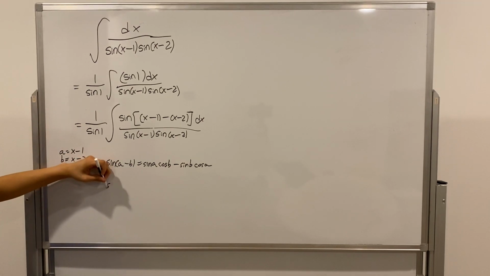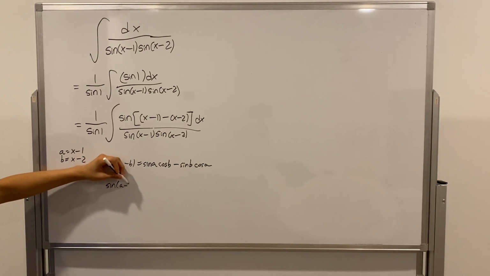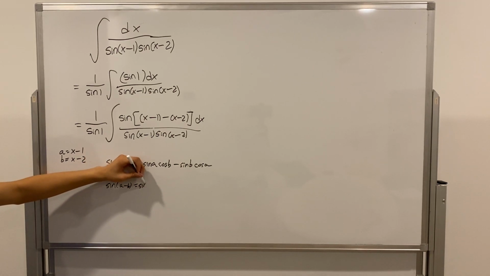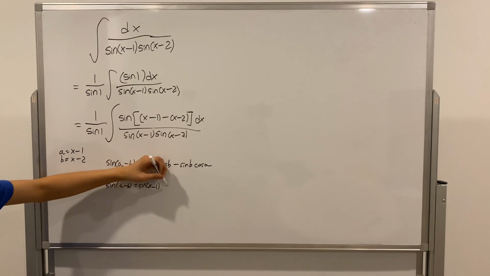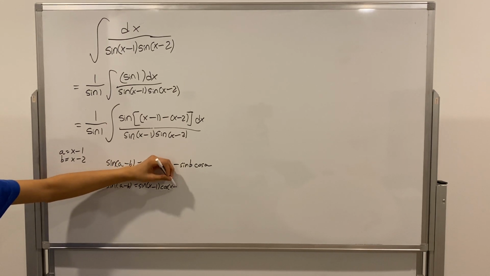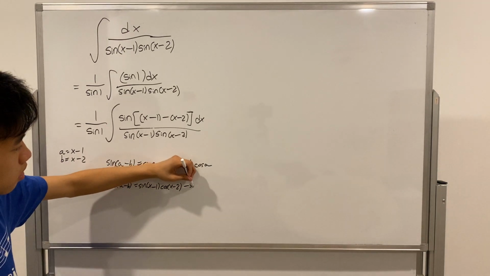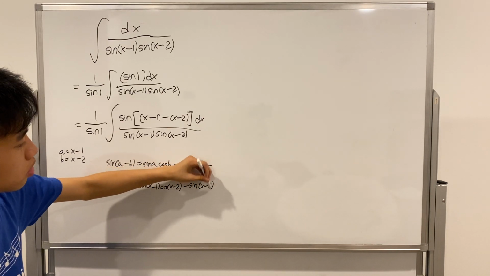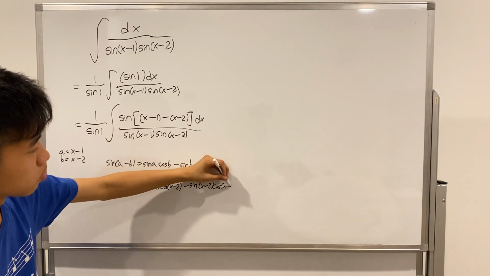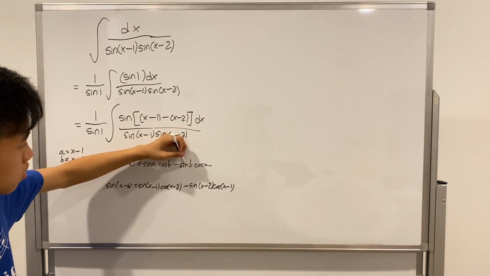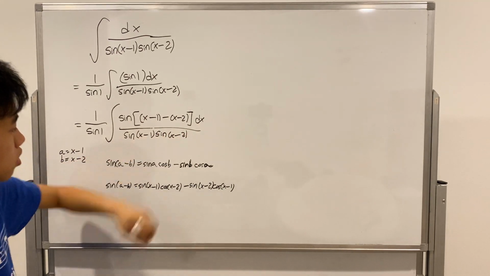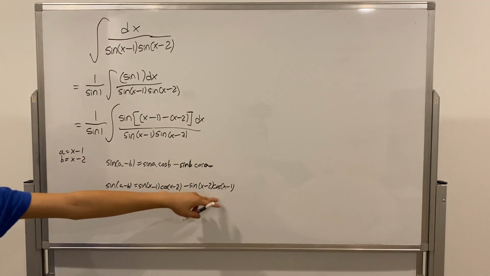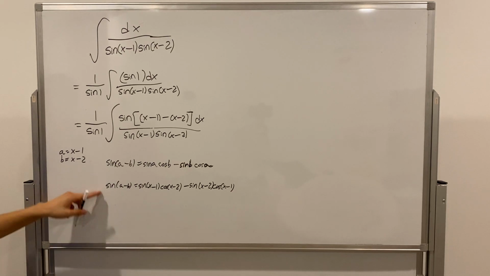Now we have sine of a minus b, which is equal to sine of x minus 1 cosine x minus 2 minus sine x minus 2 cosine x minus 1. Now we can map this onto this by simply substituting.